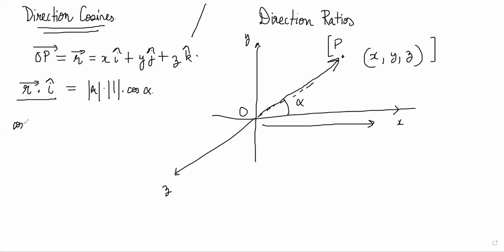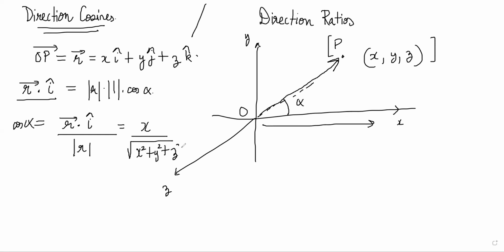So cos alpha will be equal to R dot I by mod R. When you do R dot I, you will get just x left on top, and mod R would be just root over x square plus y square plus z square, right? Yes. So this cos alpha is the direction cosine that is called L, where alpha is the angle between the position vector of the point and the positive direction of the X axis.